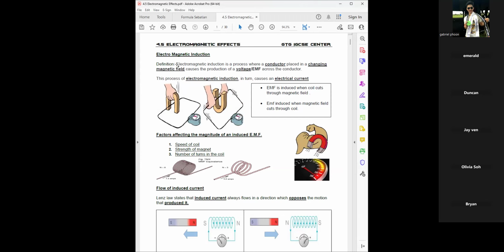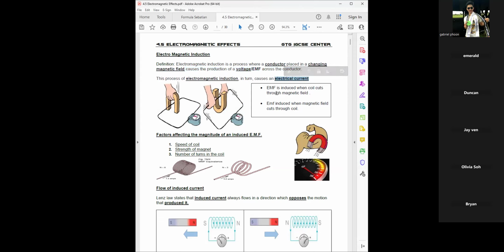Okay. By the very definition itself, electromagnetic induction is a process where a conductor, in this case the wire, is placed in a changing magnetic field. Changing magnetic field means I keep moving it up and down, causing the production of EMF across the conductor. When there is electromotive force, if you recall from the electricity chapter, current can flow through.